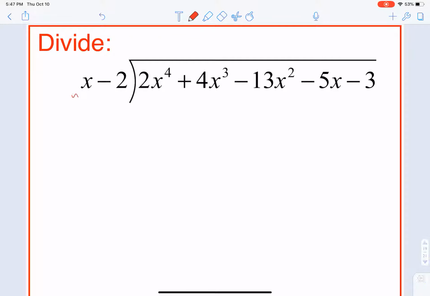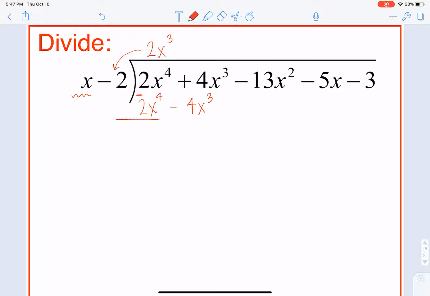What do I need to multiply x by in order to get to 2x to the fourth? I need to multiply that by 2x cubed. 2x cubed times x is going to give me 2x to the fourth, and 2x cubed times negative 2 is going to give me negative 4x cubed.